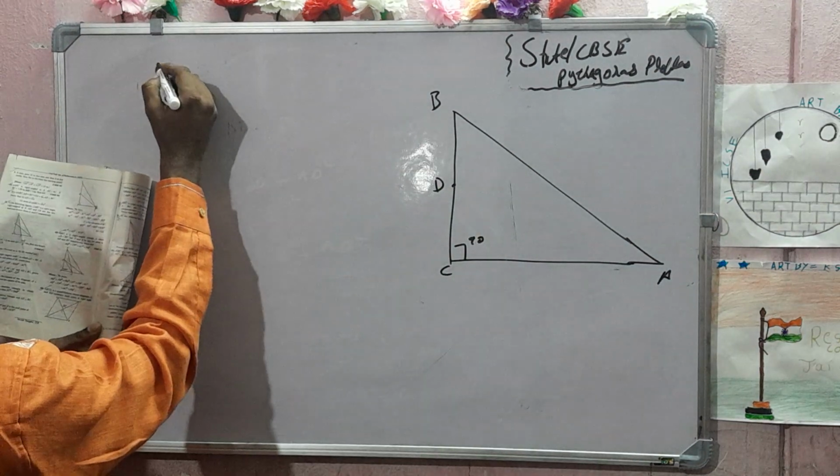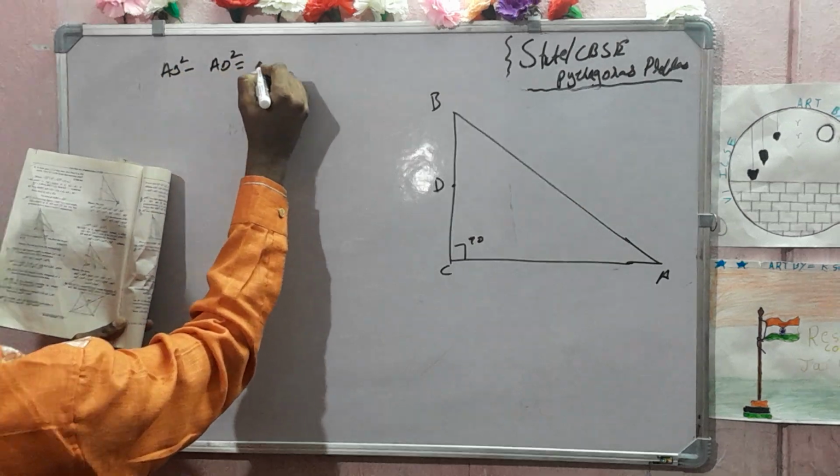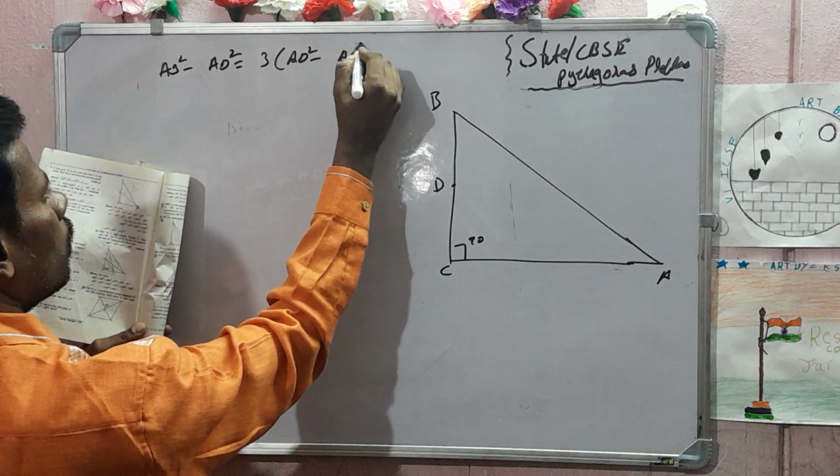Prove that AB square minus AD square is equal to 3 times AD square minus AC square.